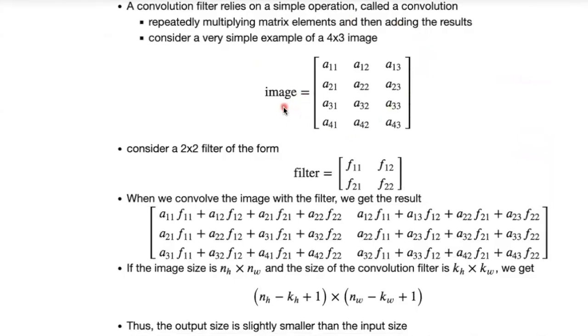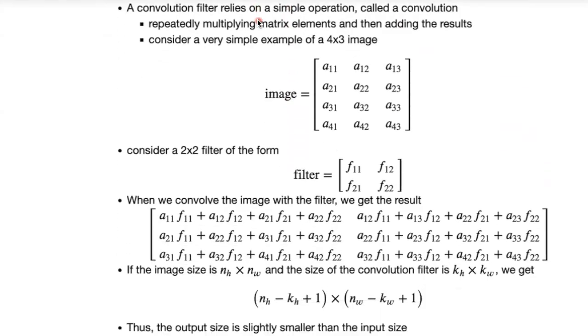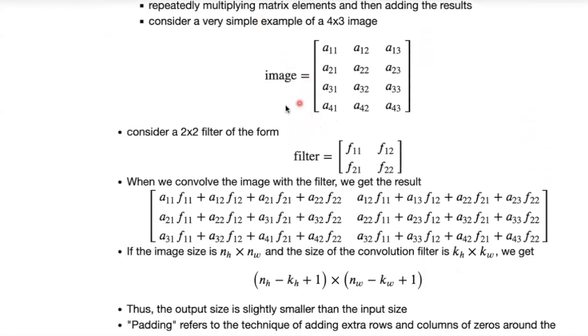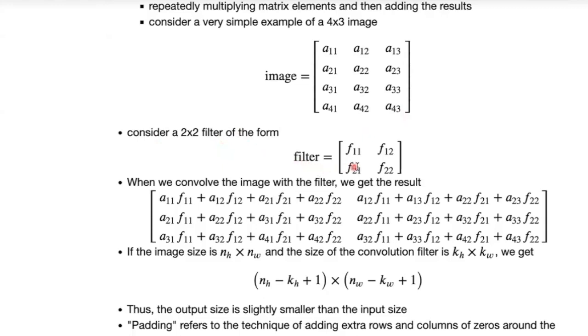So let's say now, instead of working with that 3 by 3 input, let's work with an image or input which is 4 by 3, right? So we use this indexing to show the index for the row and column, right? So we have A11 through A43, row 4, column 3. And let's say, again, we have this 2 by 2 filter.